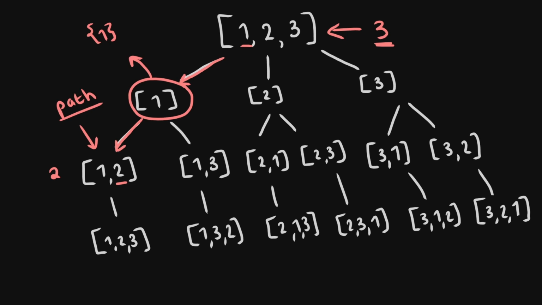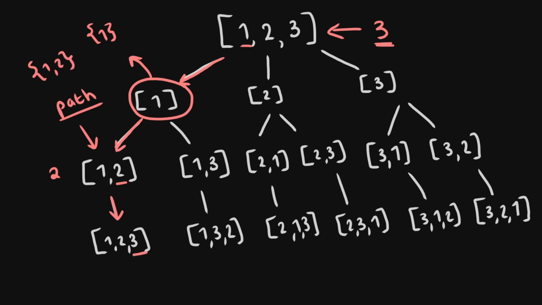And this indicates to us that 3, the length of the integer array, is going to be the base case of this recursive function. So we can keep going, recursing down. Here we know that the visited set is going to consist of 1 and 2.